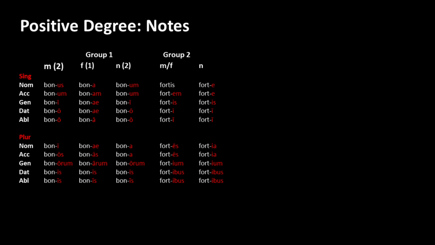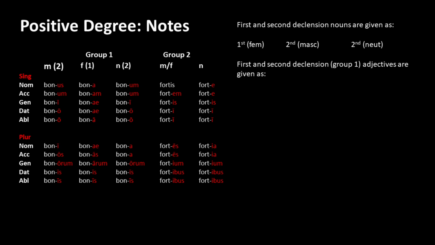Let me make my first substantive point. This is for me to ask you to pay close attention to the order of these columns. When you learned the first and second declension of nouns, you learned them in this particular way. First declension feminine, second declension masculine, second declension neuter. The custom where the adjectives are concerned is to list them as second declension masculine, first declension feminine, second declension neuter.